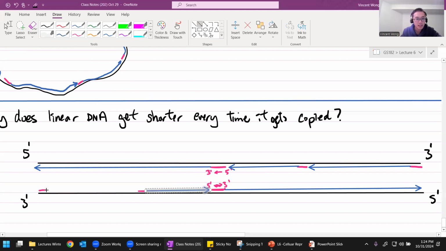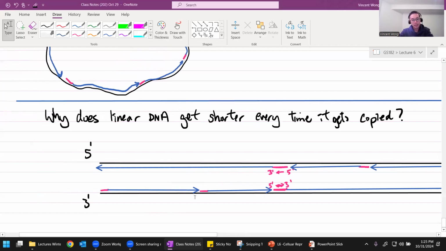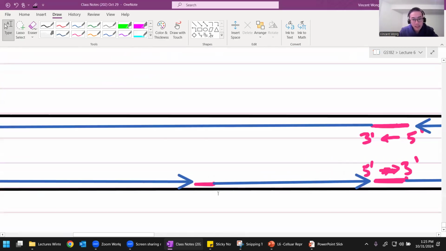So in the end, you would have a copy of each of the black strands. You basically use the black strand as a template to create the missing complementary strand, right? Okay, so nothing's new so far. So what's the problem? Well, let's zoom in a little bit.